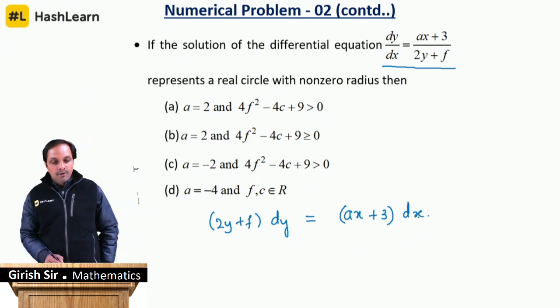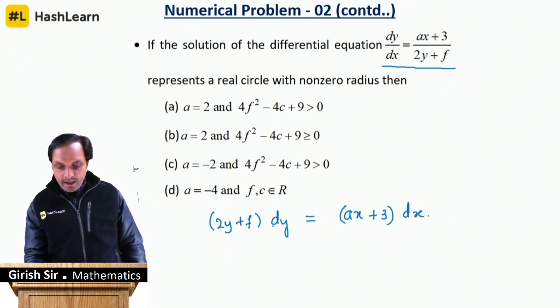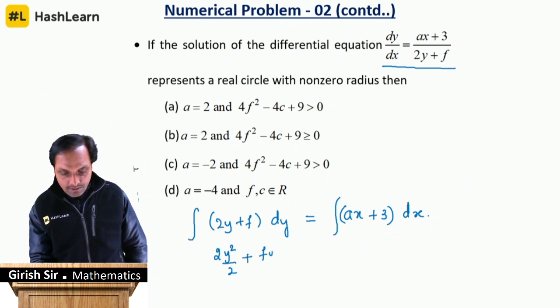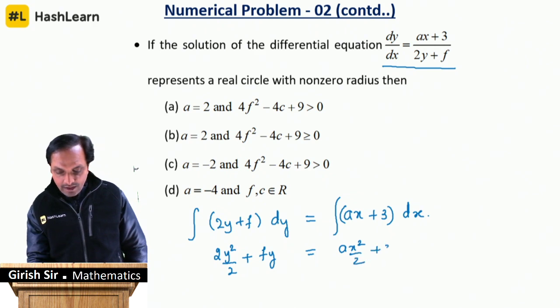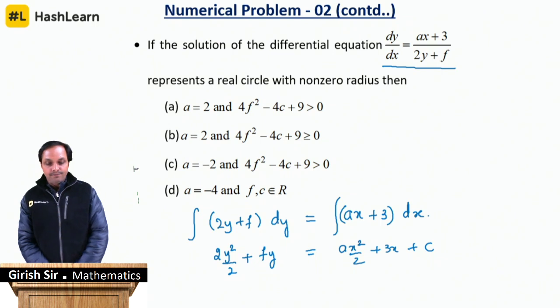Okay, so then we shall integrate it now because y terms are with dy and x terms are with dx. So if we integrate, you will get integration of 2y with respect to y is 2 into y square by 2 plus integration of f into y, equals a into x square by 2 plus 3 into x plus integration constant c you will have. Okay.